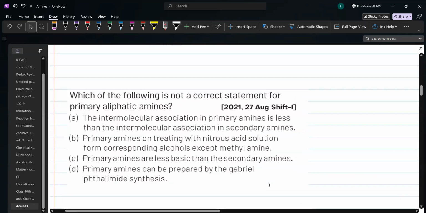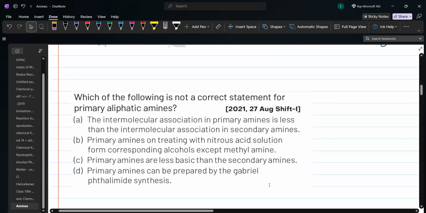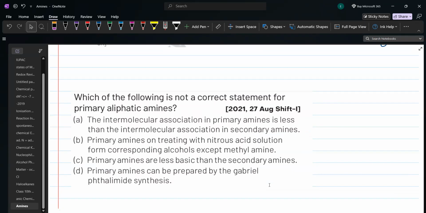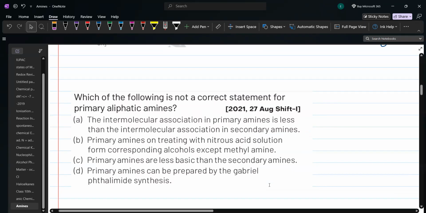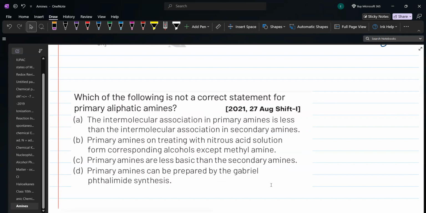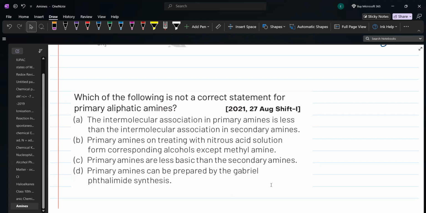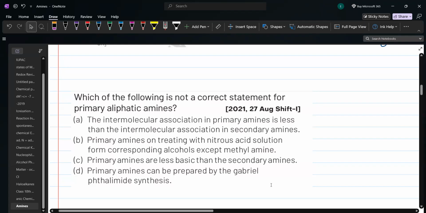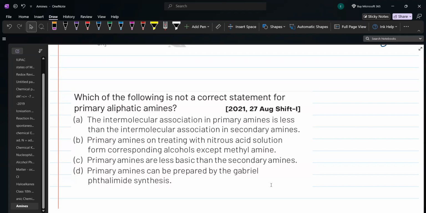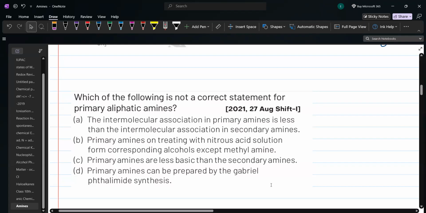Solve this question. Aliphatic, and you understand what is aliphatic? Yes, sir. Normal carbon chains. Normal.